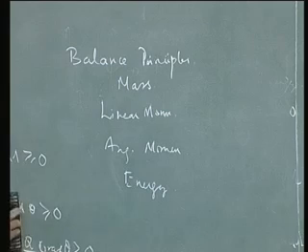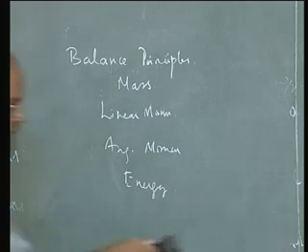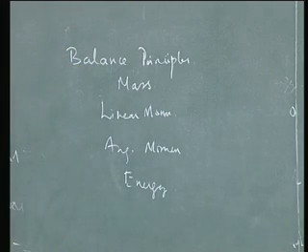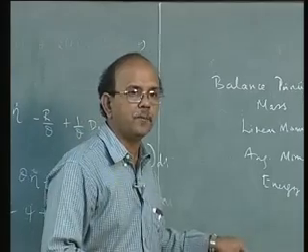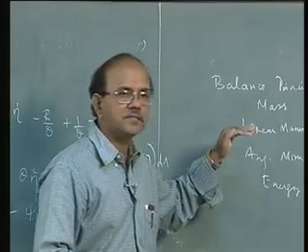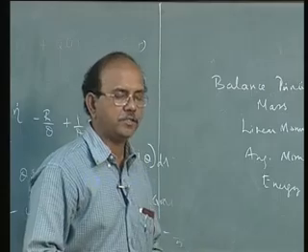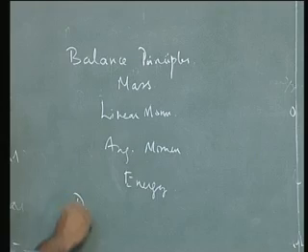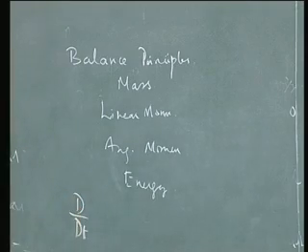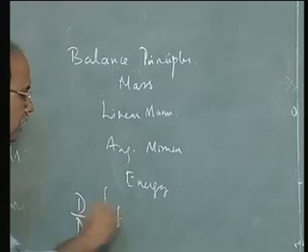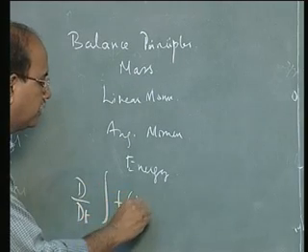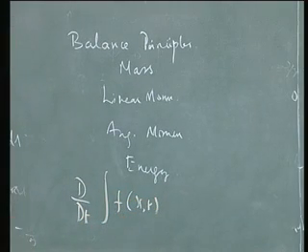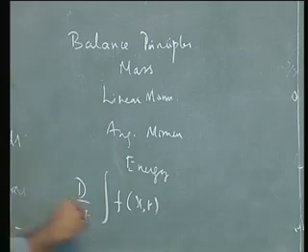We can state these equations in one simple equation, and then replace certain things in that equation depending upon whether we are interested in mass balance, momentum balance or energy balance. So let me write d by dt of a certain quantity f, which varies with respect to position and time, integrated over dv.